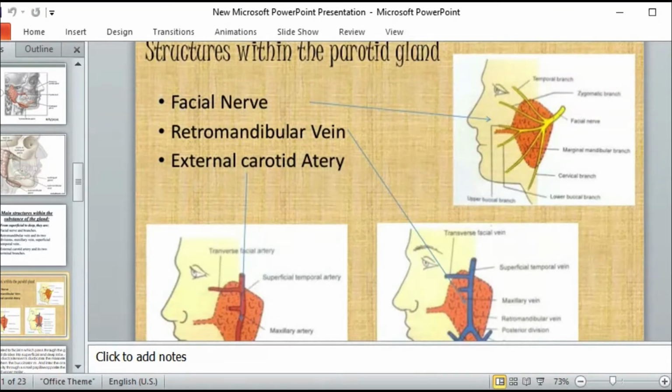So for the new student that come to join the online, it's quick review. We have the salivary glands. They are paired salivary glands. They are exocrine. Exocrine mean they have ducts.